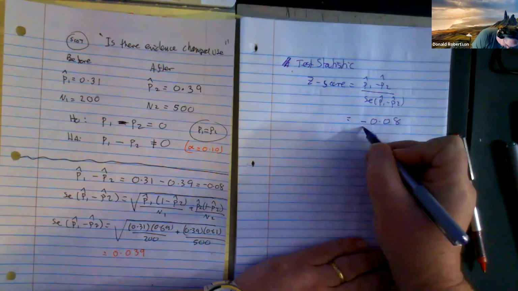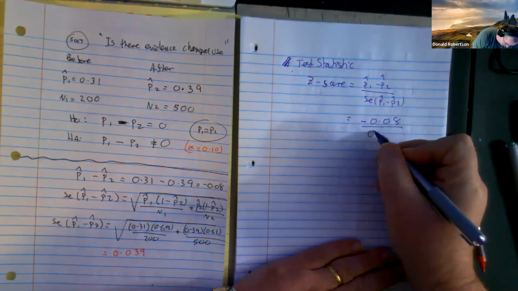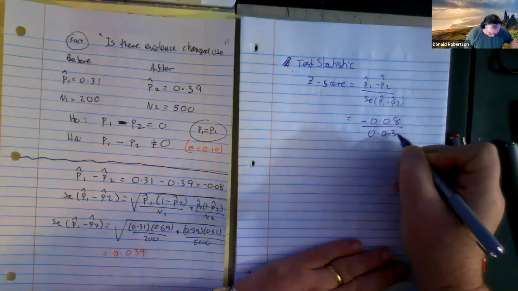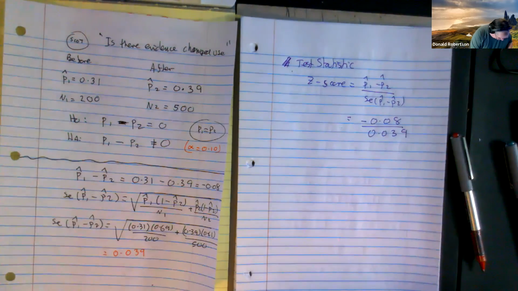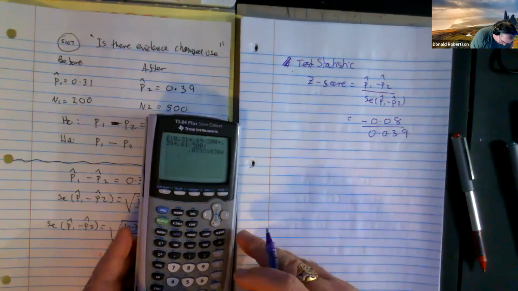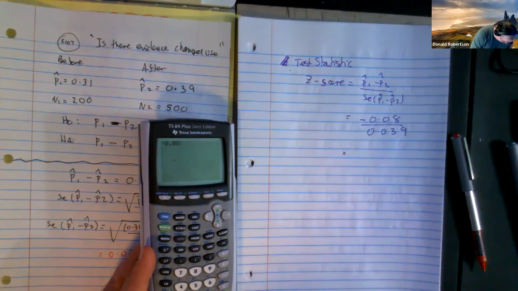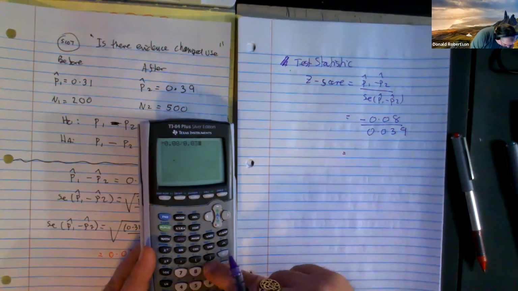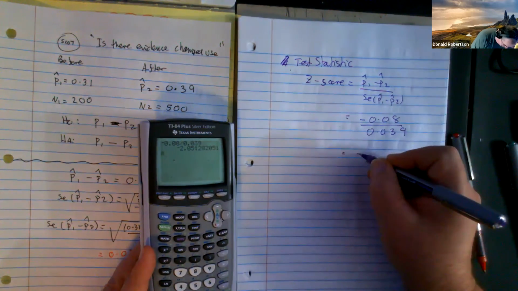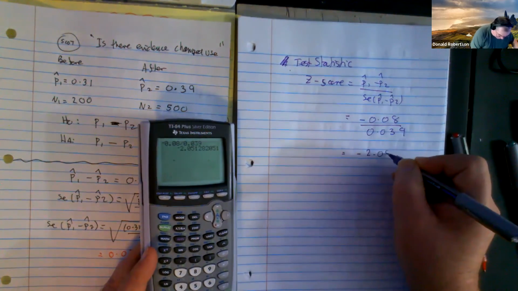And it's going to be divided by 0.039. And that comes out to be negative 0.08 divided by 0.039, and we get an answer of negative 2.05. Right.